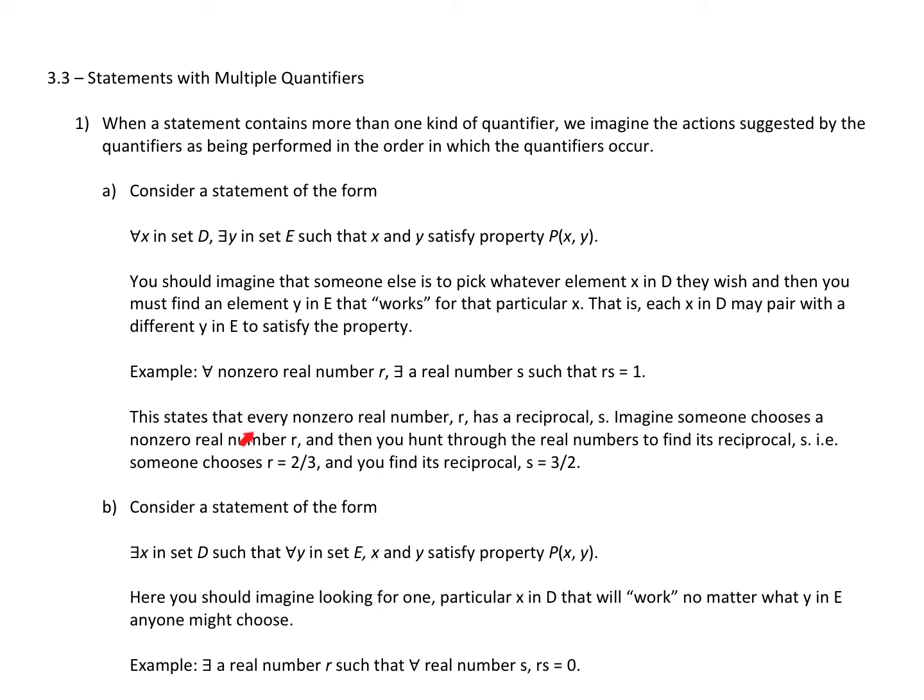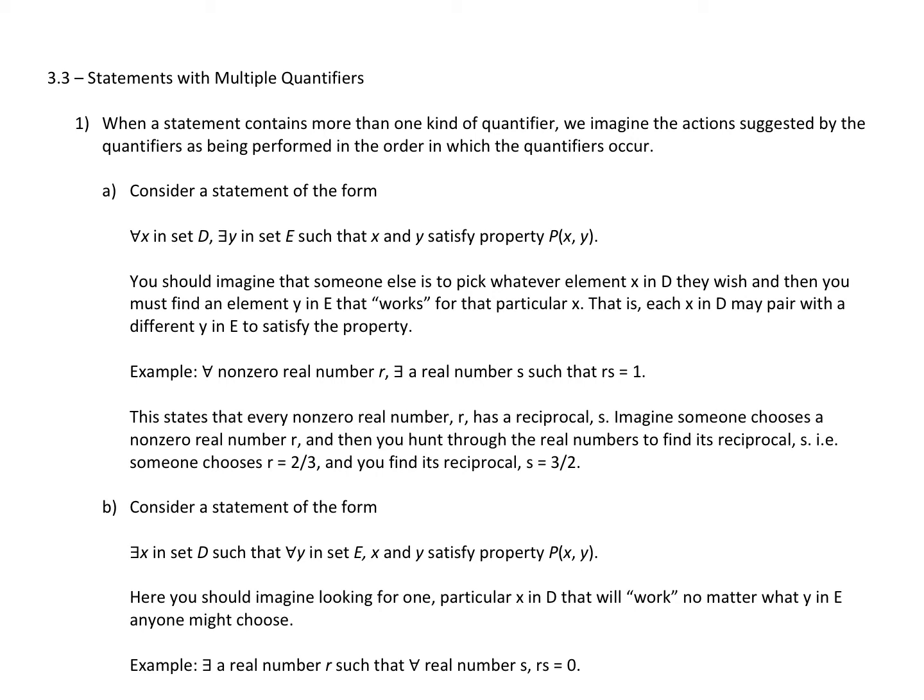This states that every non-zero real number R has a reciprocal S. So you imagine that someone chooses a non-zero real number R, a random one, and then you hunt through the real numbers and find an S that is its reciprocal. I.e., someone chooses R equals 2/3 and you find its reciprocal S equals 3/2. And you could do this no matter what somebody chose as the first value.